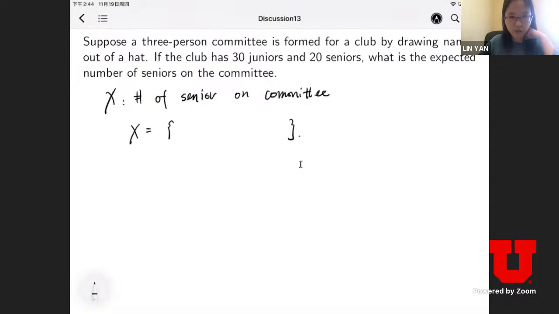Still, we need to decide what is X, and let X be the number of seniors on the committee. So what do you think X could be? Actually, 0, 1, 2, 3, and the 1, 2, 3 are all right.